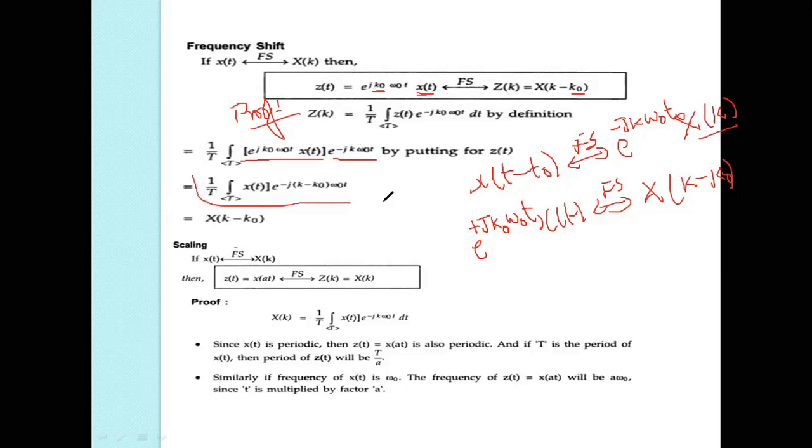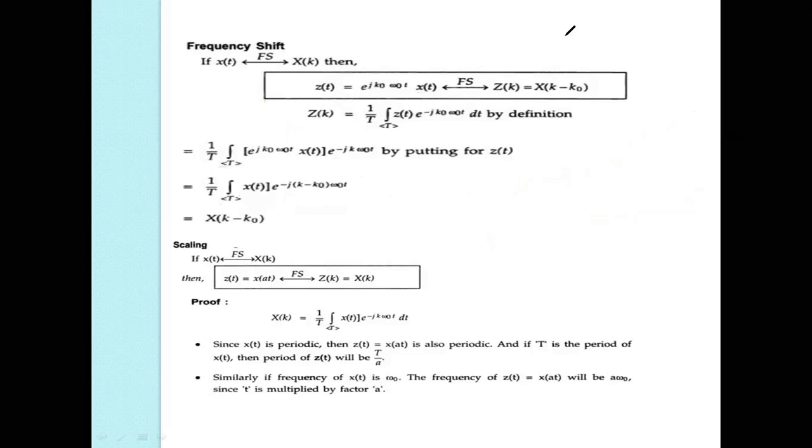So this looks like the analysis equation of the exponential Fourier series, but instead of e power minus j k omega naught t, the k value is k minus k naught. So x of k minus k naught. Once again, you may see a little confusion, I think. I will explain.